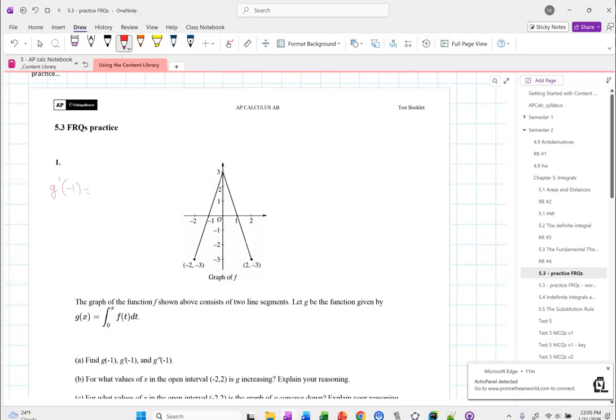So if I want g of -1, I'll just plug -1 into my function for g. Now, if I look at that integral, that looks a little funny to me, because the lower bound is 0 and the upper bound is -1, right?